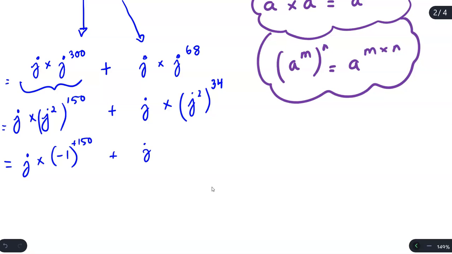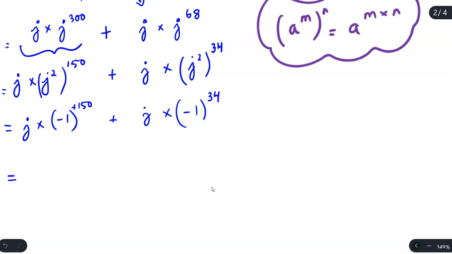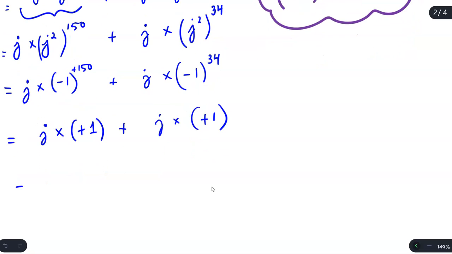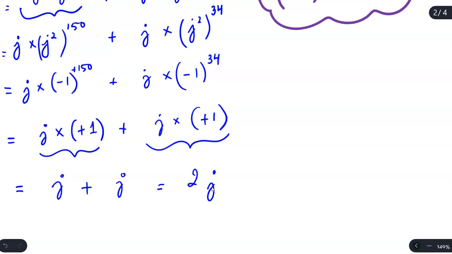And I have j times negative 1 raised to the positive 34. So in this case, I should have j times 1, so positive 1. I just want to make sure that I write everything down for everyone here. And then in the end, what I have is j times 1 is j, and j times 1 is also j. So in this case, I will have 2j as the final result.